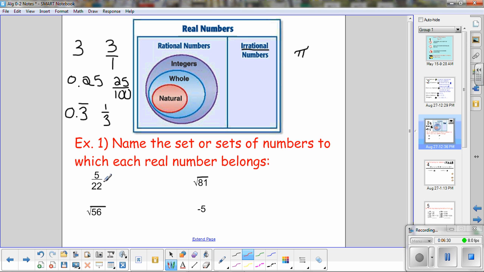First thing I ask myself, can I write it as a fraction? Well, it's already looking like one, so it's going to fall into this group over here. And then I have to think about, is 5/22 any one of these special groups that are within the rational numbers? And it's not. So we're going to go ahead and just say it is rational. Now it's also real, but we don't need to list real because it already says in the question that it's a real number.